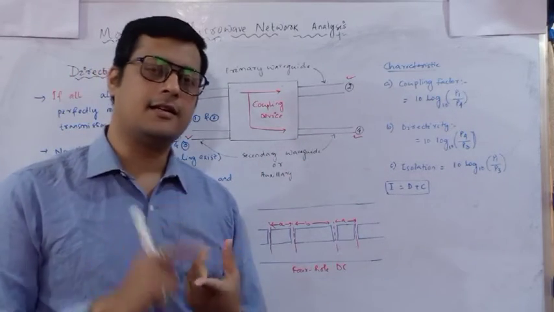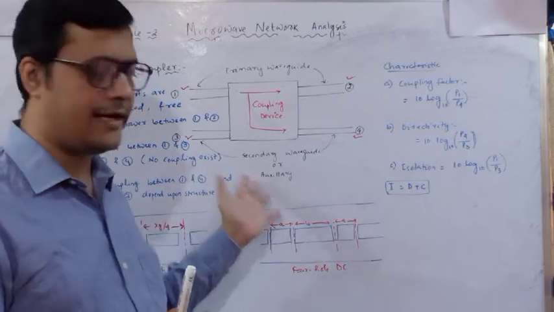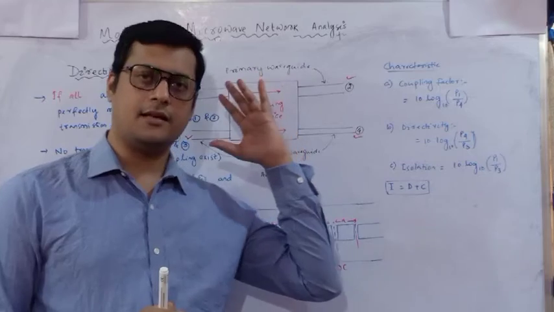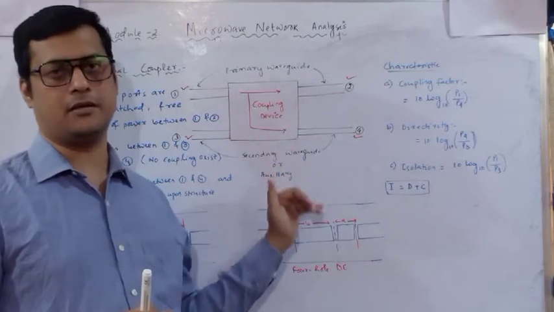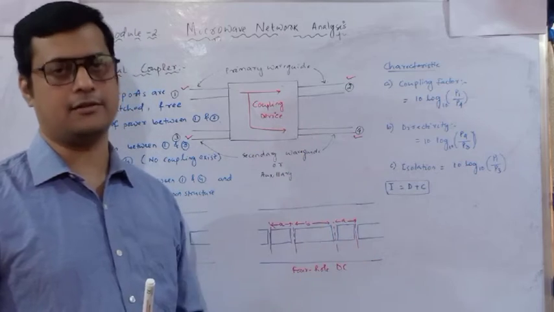The relationship in the characteristics of this directional coupler is formed between the primary arm and the secondary, or auxiliary, arm.